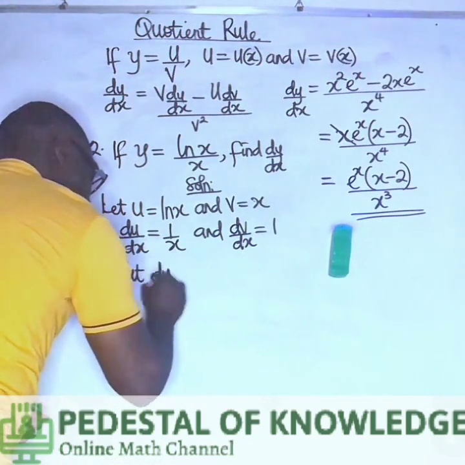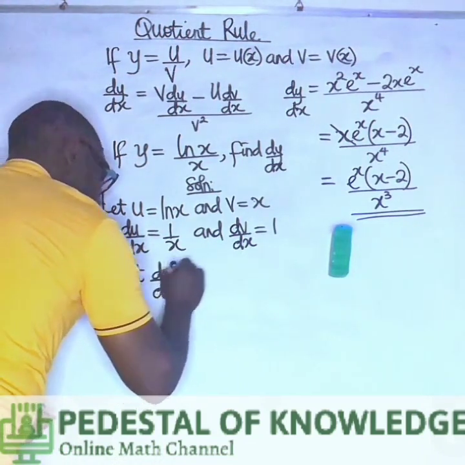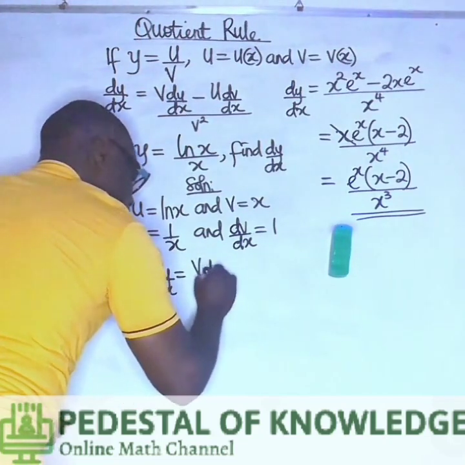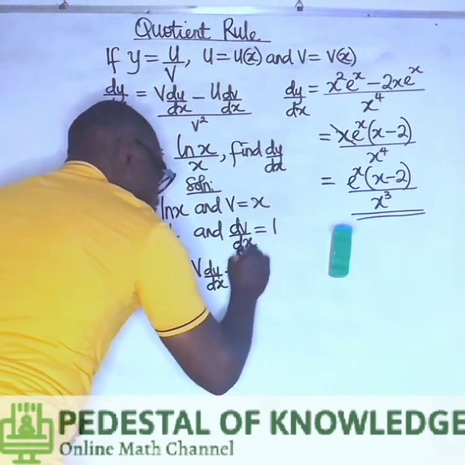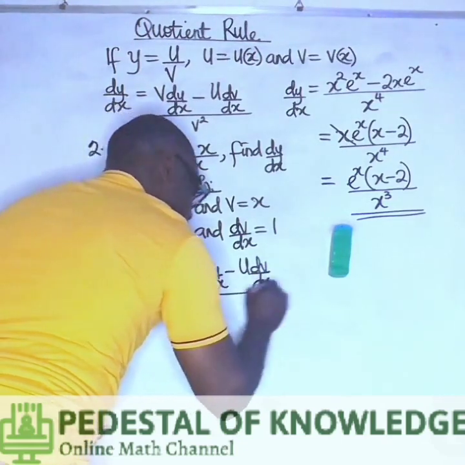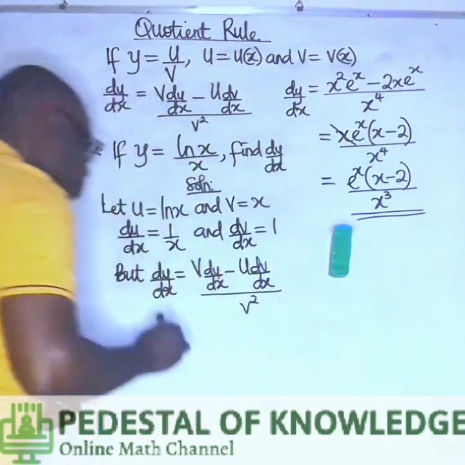Alright, so when we combine all these parameters, dy/dx is equal to v du/dx minus u dv/dx all over v squared.